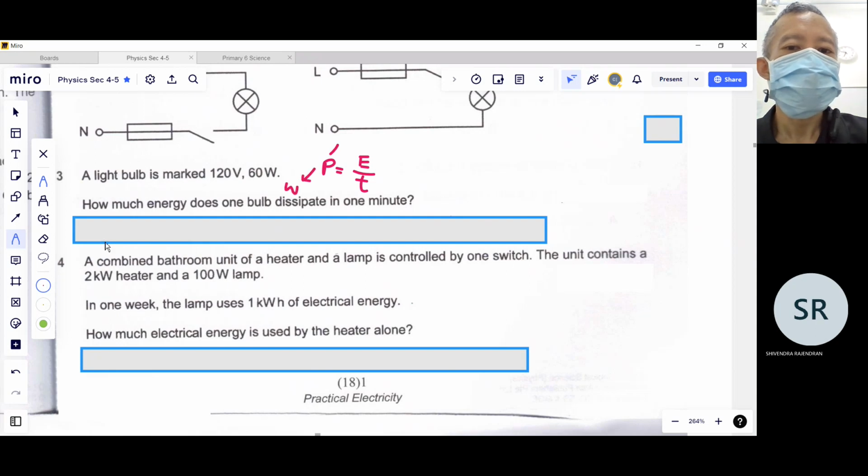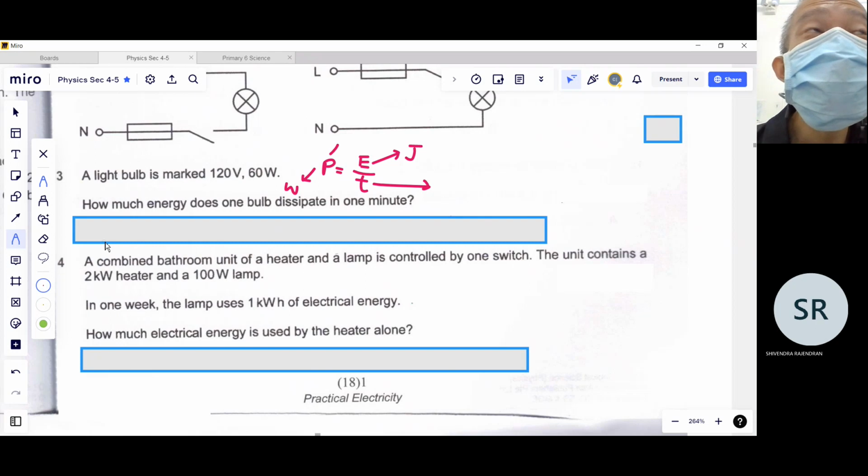Power in watts, energy in joules, and time. Units for time. Make sure your units are all correct.